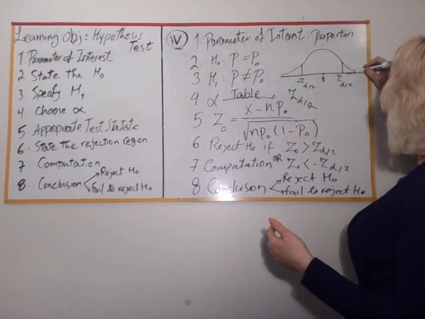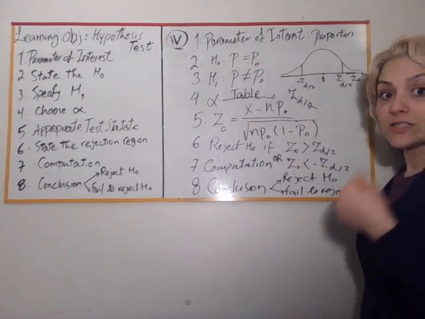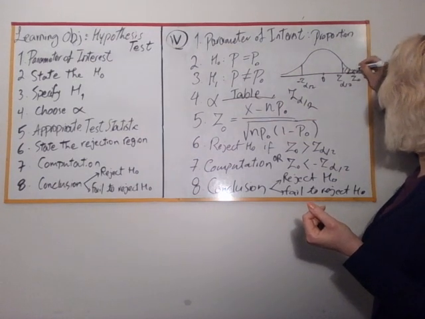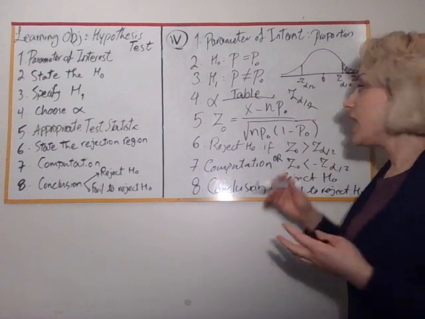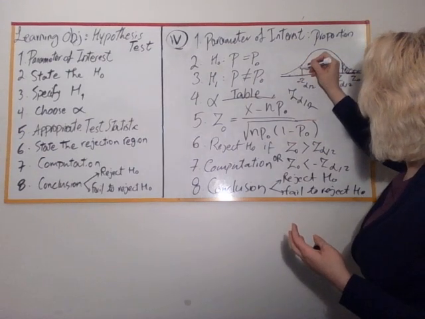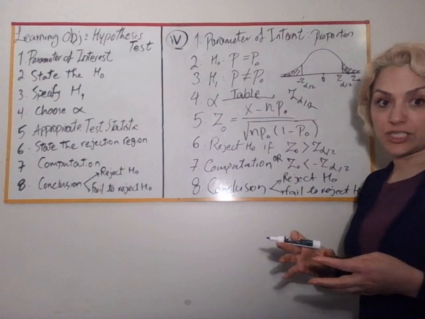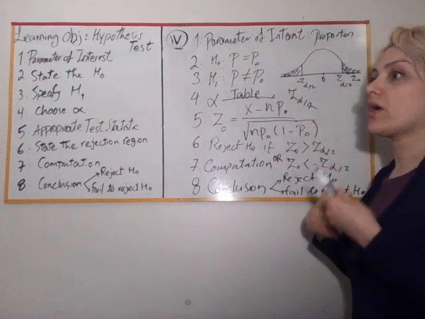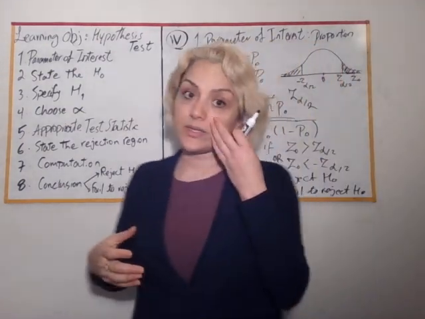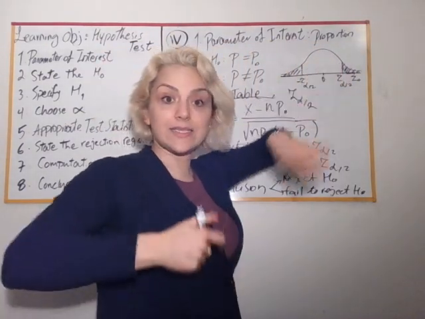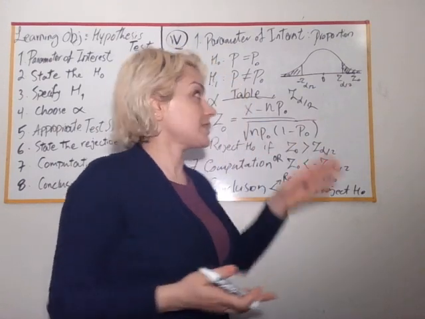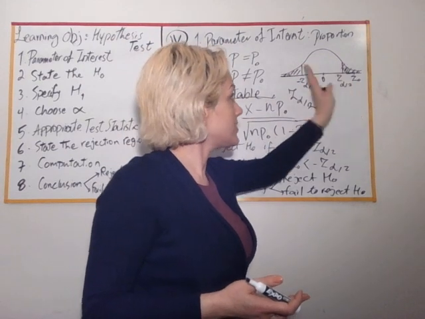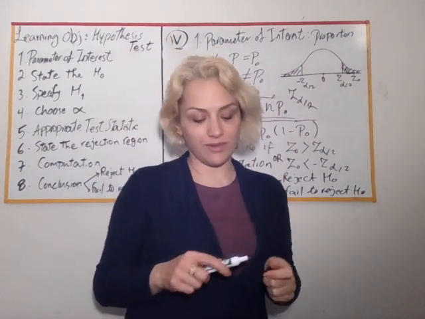If my Z null is here, for example, this is the rejection criteria, so this area is the rejection region. Or if my Z null was here, I would be in the rejection region. Most of the time, when we are talking about these things, whether mu, proportion, or chi-square, the one in the center is the H null. For example, for this one, P equal to P null is this area, and whatever is outside that is going to be our rejection region.